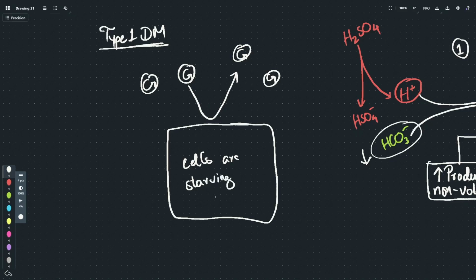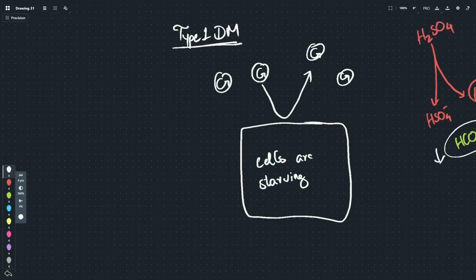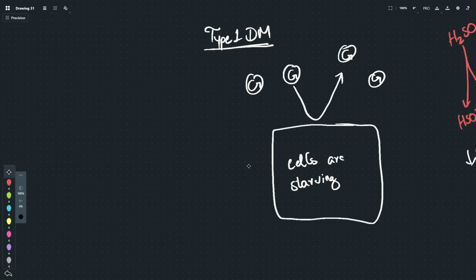That's very sad for them. So our regulatory systems, the pancreas specifically, will release counter-regulatory hormones that work opposite to insulin, especially glucagon. Glucose is actually there, but because cells are starving, our body thinks glucose is gone, so it releases glucagon, right?